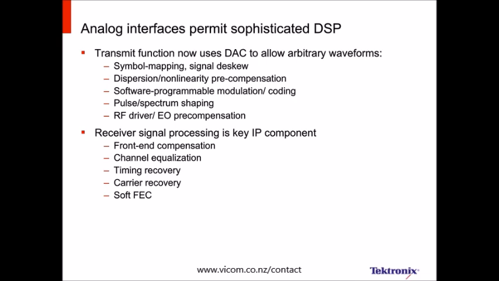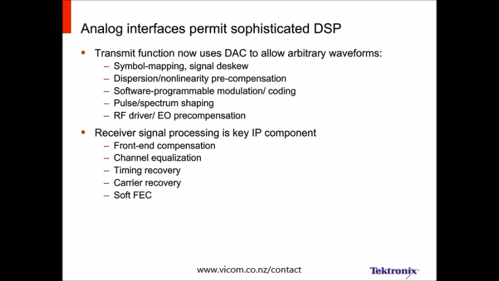Well, if you really want to pack those spectra in, if you really want to be able to switch dynamically from 16 QAM to 8 QAM or whatever it is that you need to do, there needs to be a ton of signal processing also on the transmit side to handle all of these things: the symbol mapping, dispersion compensation, and to give the pulse shape that you want. You can actually design what the spectral shape is going to be so that you can put these things next to each other.